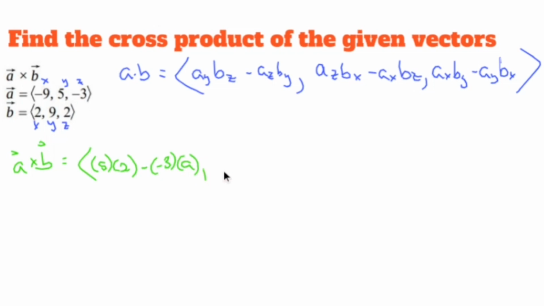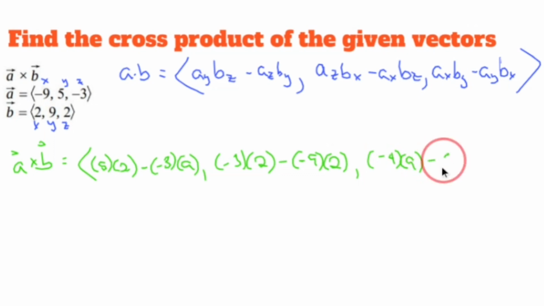So you should get the idea now. a_z b_x is negative 3 times 2, minus a_x b_z is negative 9 times 2. And then we've got a_x b_y, which is negative 9 times 9, minus 5 times 2.